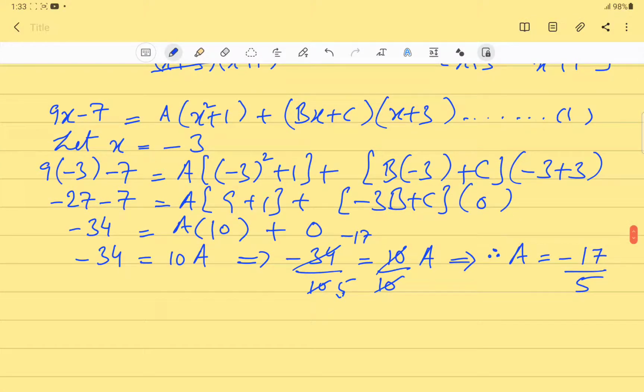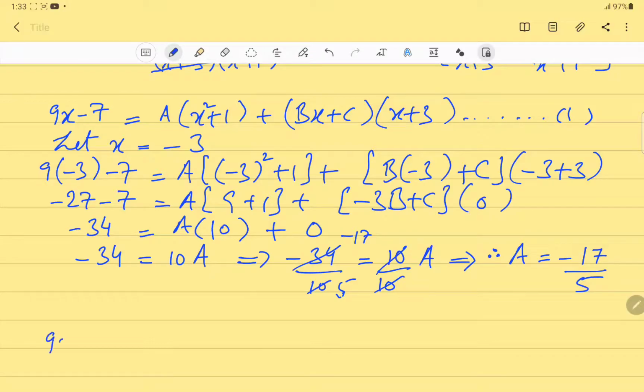Now we have no value that we can assume to find the values of the remaining constants b and c. So we will solve the equation and compare the coefficients on both sides to form equations, and then with the help of those equations we will be finding the values of the remaining two constants. So let's go ahead.